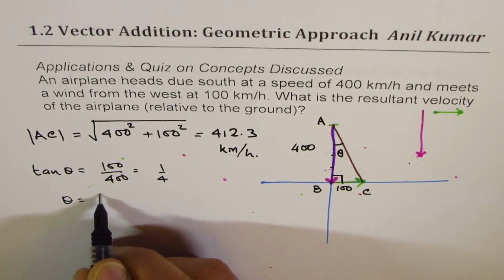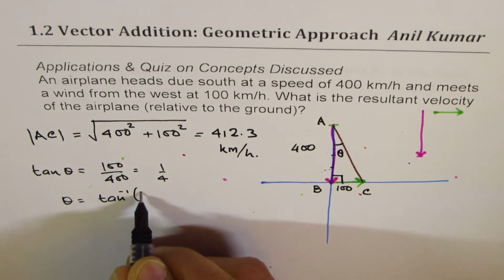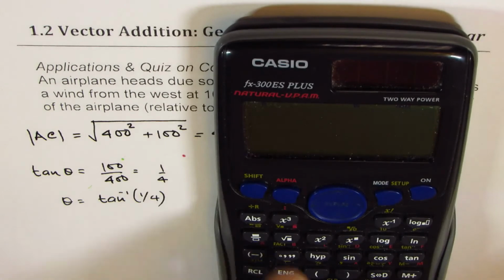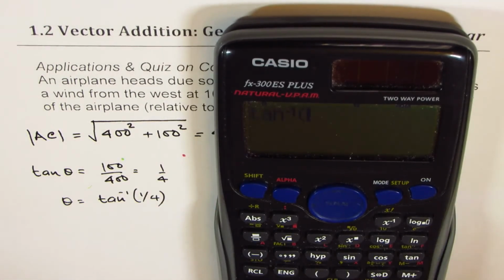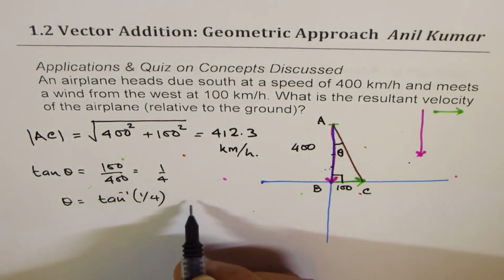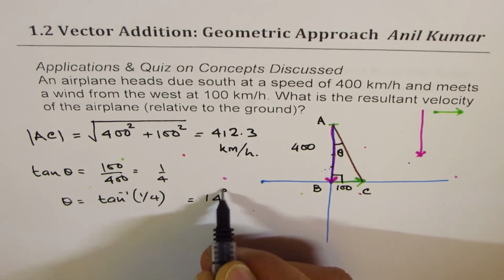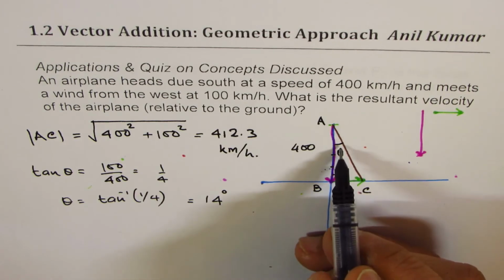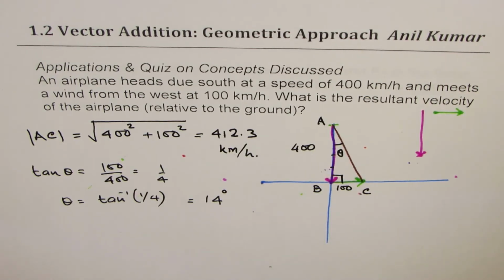So theta is equal to tan inverse of 1 over 4. Right? Let's find this angle also. So we got shift tan inverse of 1 divided by 4, bracket close, equals 14.03. Let's write this as 14 degrees. So from the vertical it makes 14 degrees.